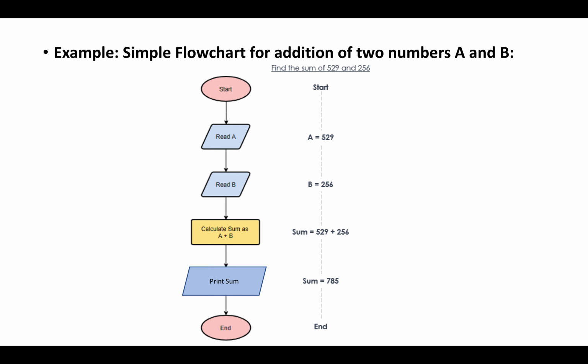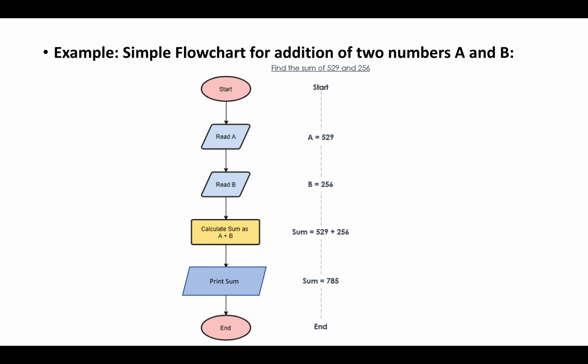Next, for addition of two numbers a and b, we first need the two numbers. So in the first input box, I have mentioned read a. It is a tilted symbol. Again, we need the second number, so read b.